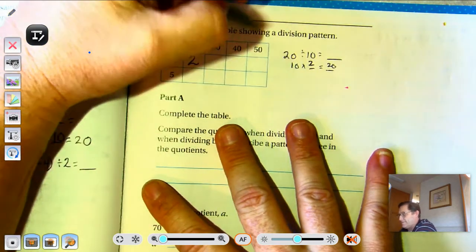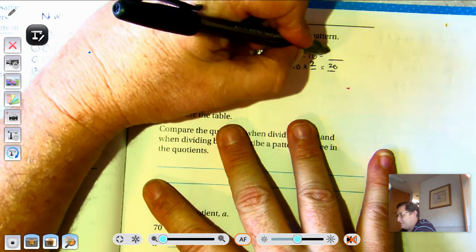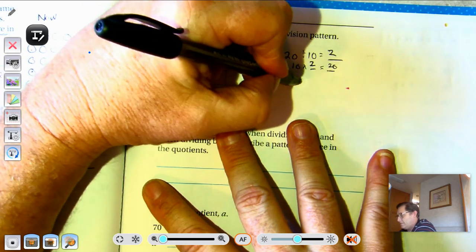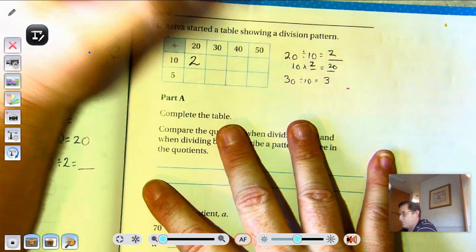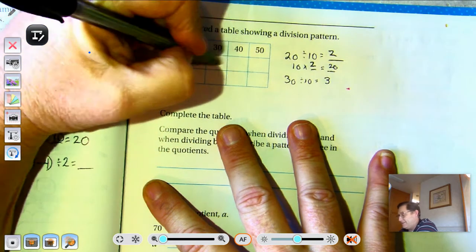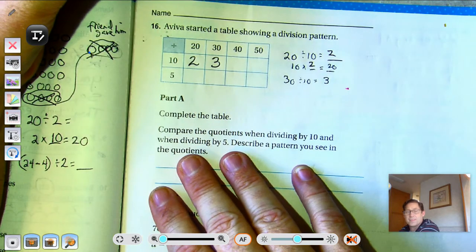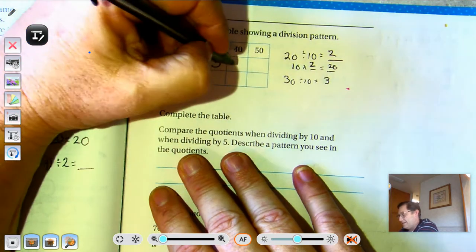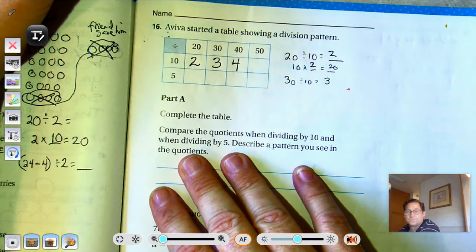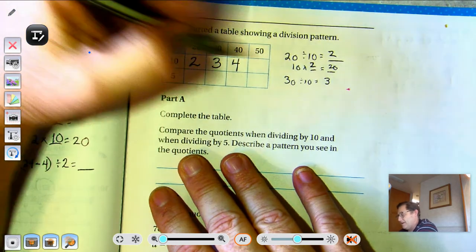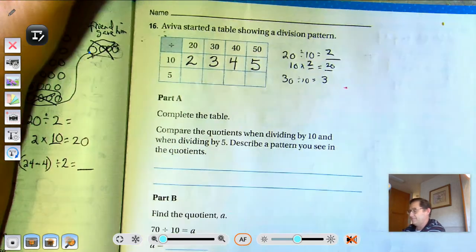So if 20 divided by 10 is 2, this is a pattern, so 30 divided by 10 is 3. 40 divided by 10 is 4. 50 divided by 10 has to be 5.